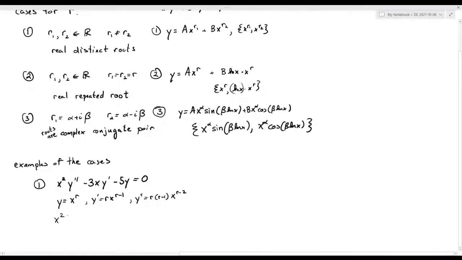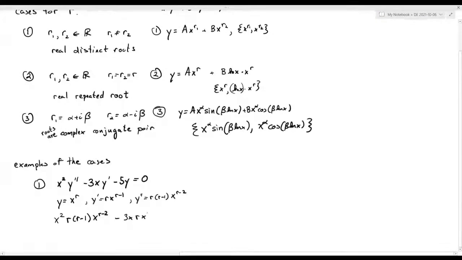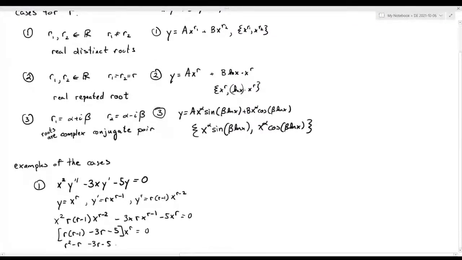So x squared times y double prime minus 3x times y prime minus 5 times y. You can factor out x to the r, and we know that x to the r is not 0 since x is positive. Therefore, this polynomial has to be 0.